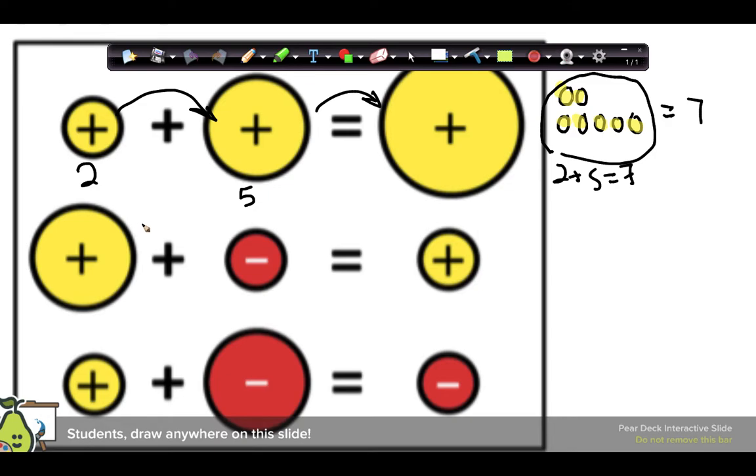Now let's say that we had 6 positives right here, but we were going to combine it with even just 1 negative. So this is smaller because it has a smaller absolute value. It's closer to 0. This one's farther away. And I'm going to draw this picture. So here's my 6 positives. And here's my 1 negative.